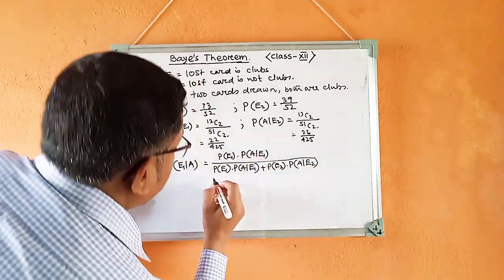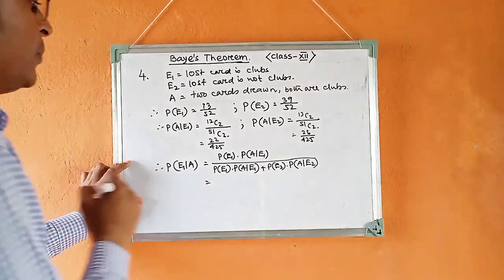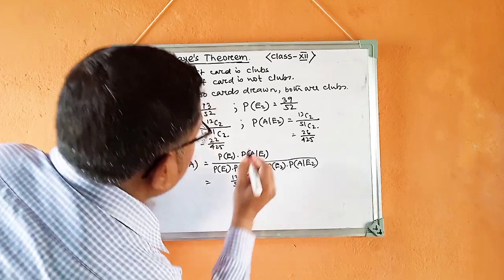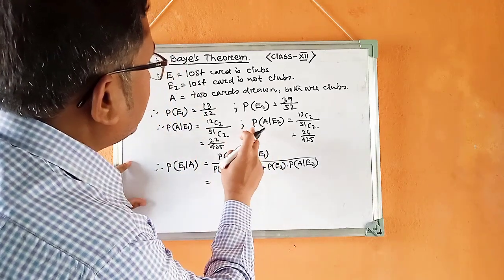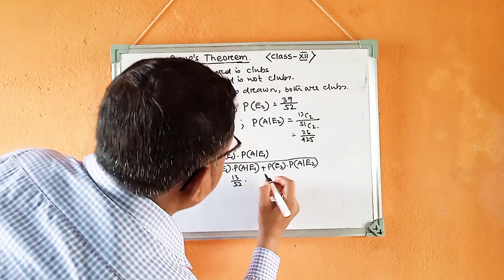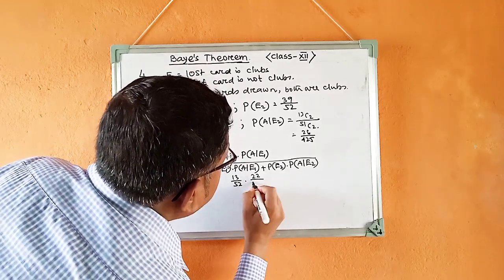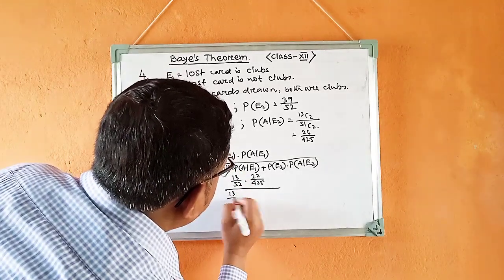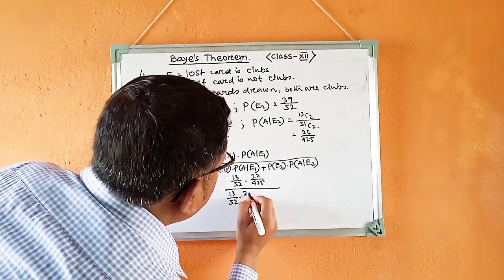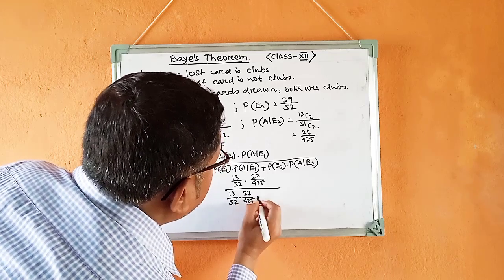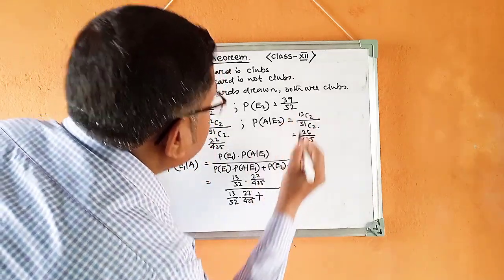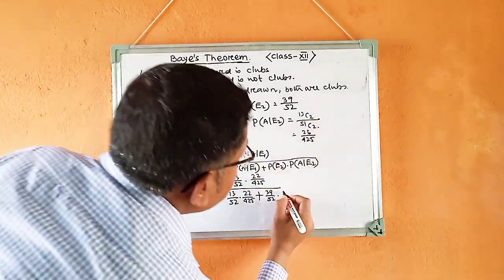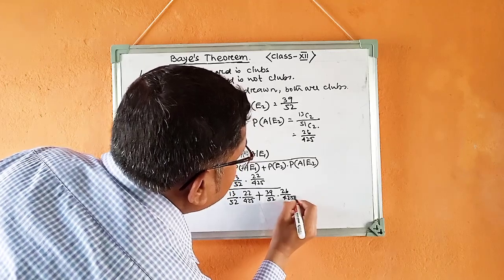Clear everyone? Just put in the values. P(E1) is 13 divided by 52, P(A|E1) is 22 divided by 425, plus P(E2), that is 39 divided by 52, times 26 divided by 425.